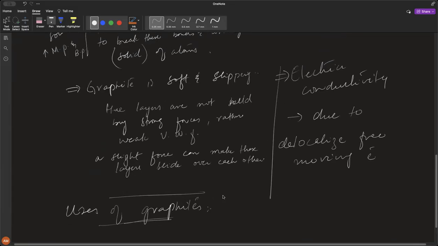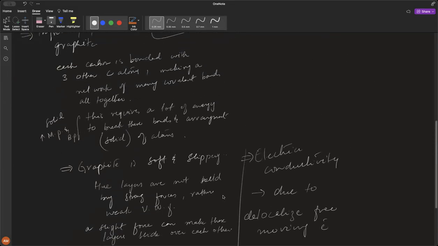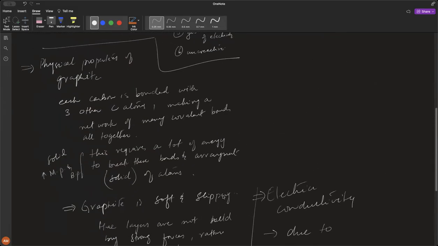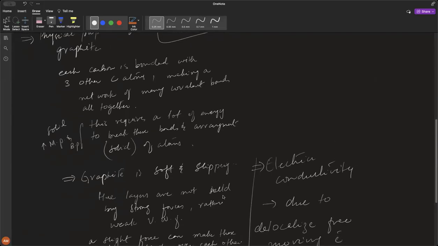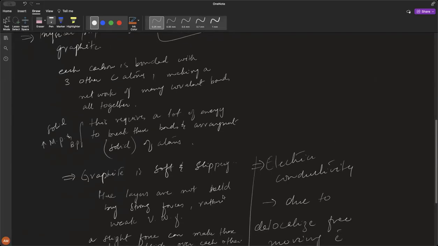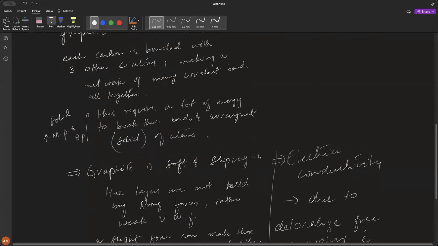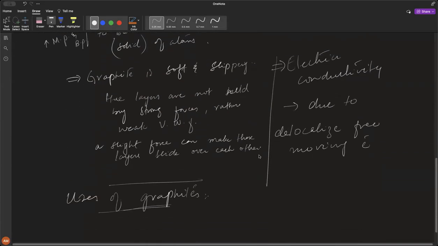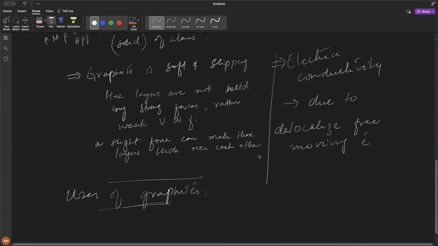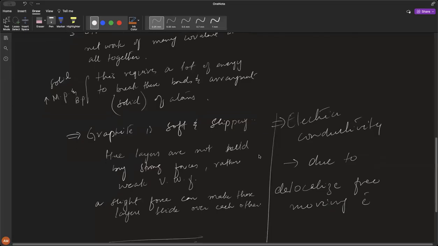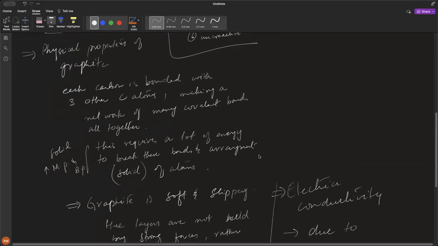Everybody has taken, if you have not written, you can take a picture from here. Properties. Sir, I took the picture. All right. All of it. Sir, show me again. Yes. Take from here. Physical properties.